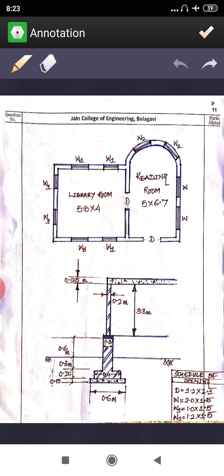Larger windows W, two numbers here, 1 and 2, with size 2 into 1.5. Along with that you will have W1: 1, 2, 3, 4, 5 and 6, six numbers of W1s with a size of 1 meter into 1.5 meter. Then you will have two numbers of W2s, that will be 1.2 into 1.5.